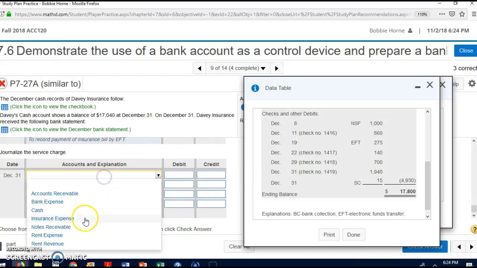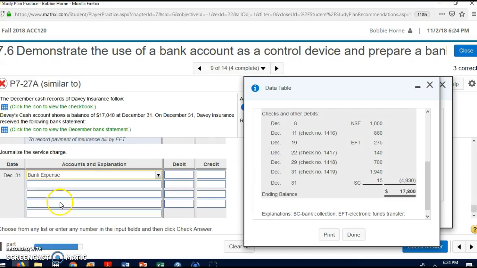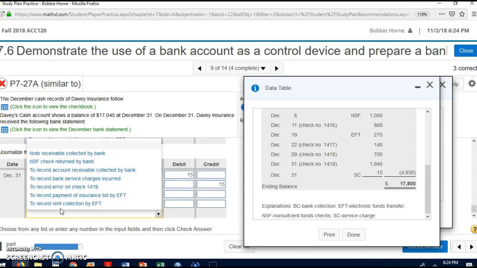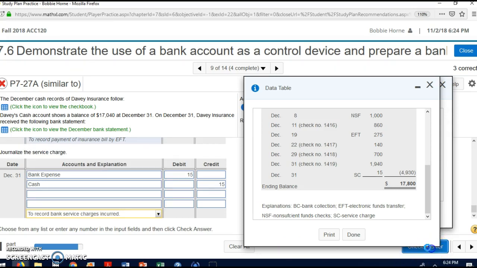And then the service charge would be bank expense and a credit to cash for $15. The SC is service charge. Remember, the acronyms are down here if you get confused on what they stand for. And it's to record bank service charge.